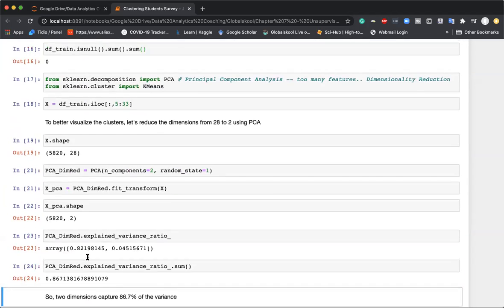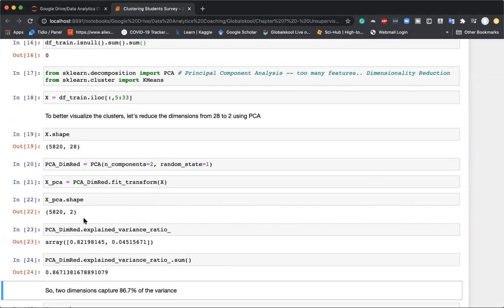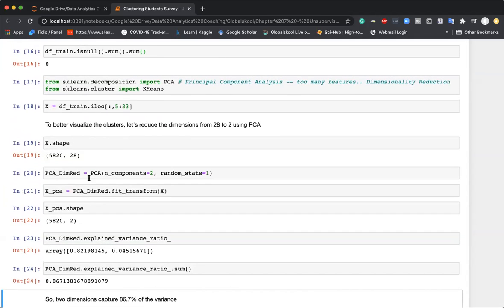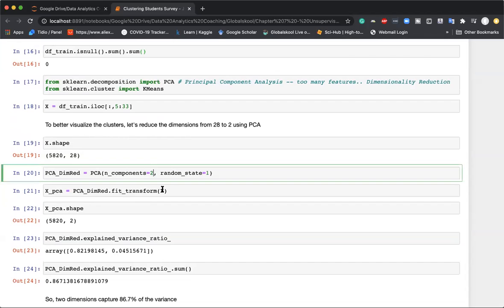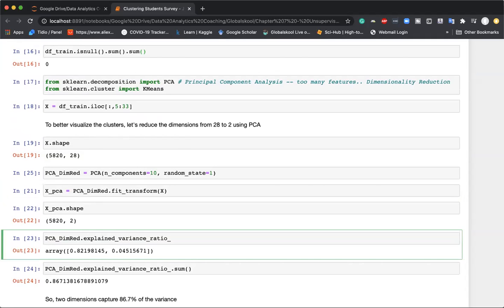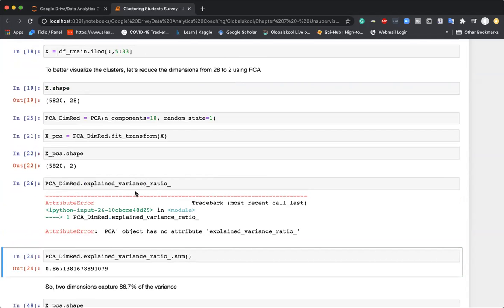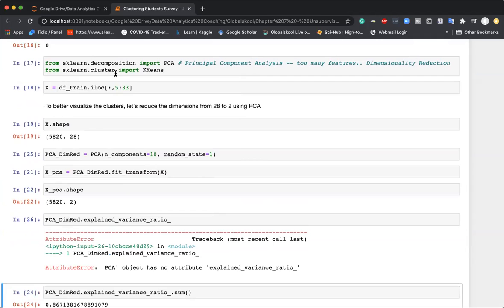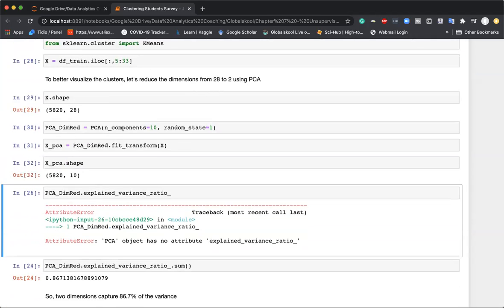I could also try increasing the number of PCA components and see how the explained variance changes. Okay, so if I change this to, let's say, 10 columns, and if I look at the explained variance ratio, I have to run all, is it? Let me do this.